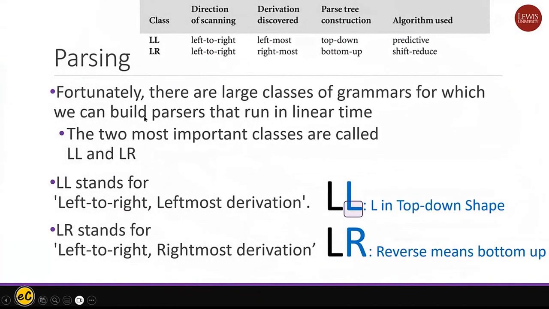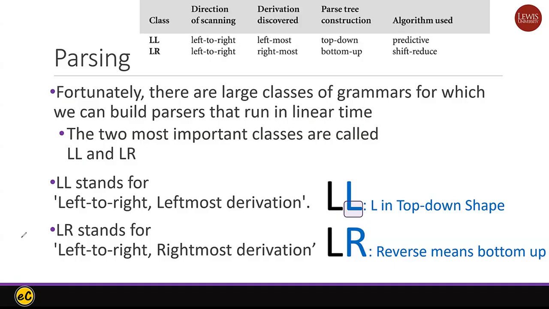So parsing tool, okay, you have a parsing. Fortunately, there is a large class of grammars for which we can build parsers that run in linear time. Linear time is actually a reduced format of the grammar, and you can call it LL or LR parsers that can run in linear time.